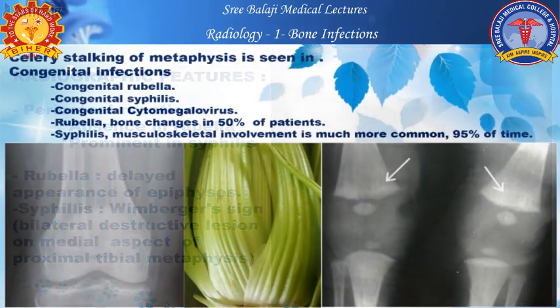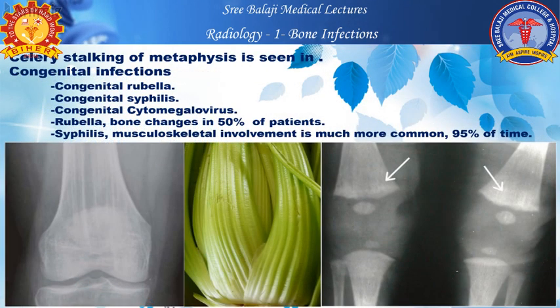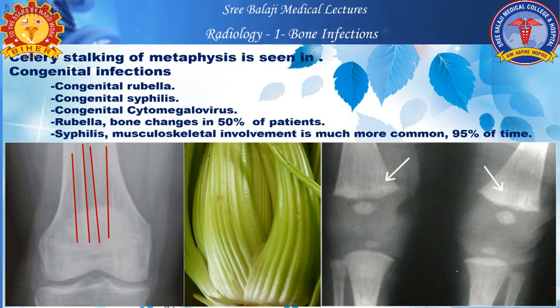Now, there are three congenital infections which have to be considered when there is a manifestation of celery stalk appearance in the metaphysis. These three infections are congenital rubella, congenital syphilis, and cytomegalovirus. All three infections can have an appearance of celery stalking, that is, longitudinal, dense, and loosened bands alternatively seen in the metaphysis.